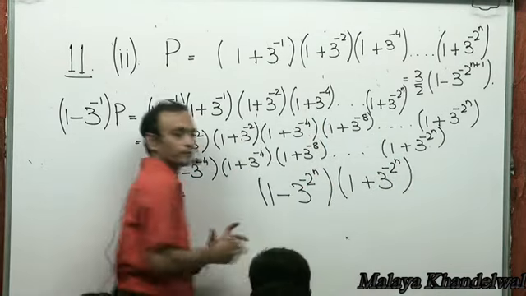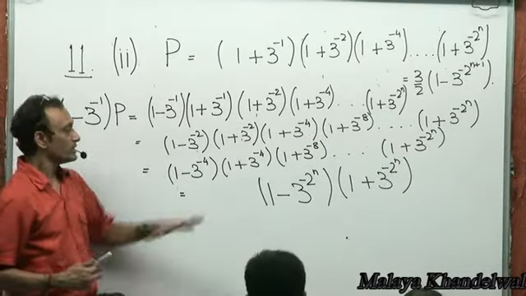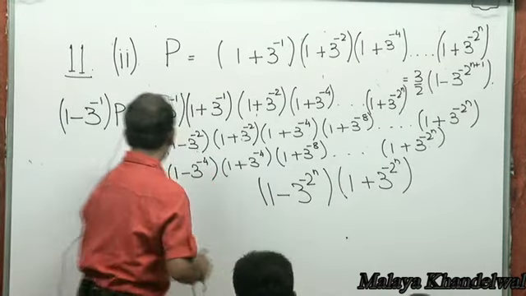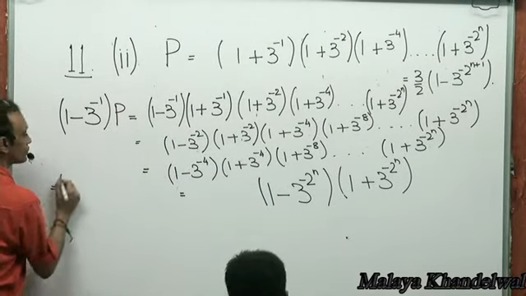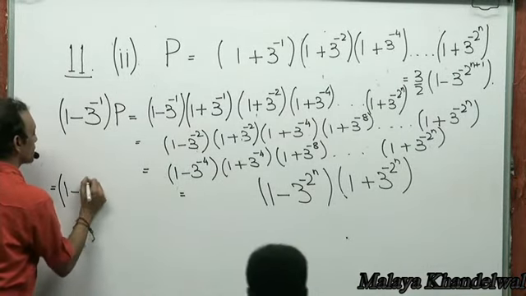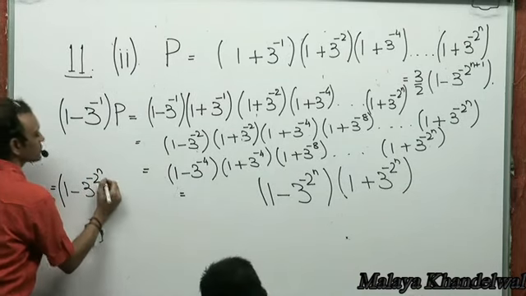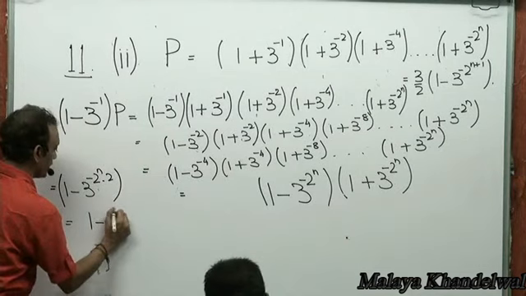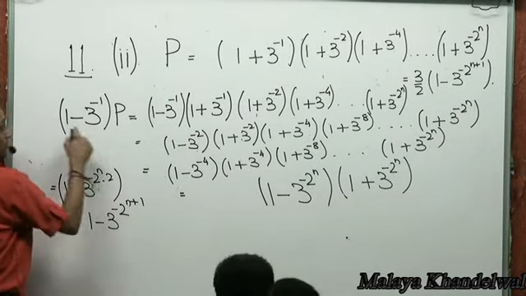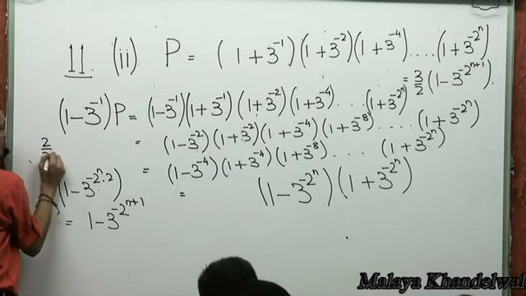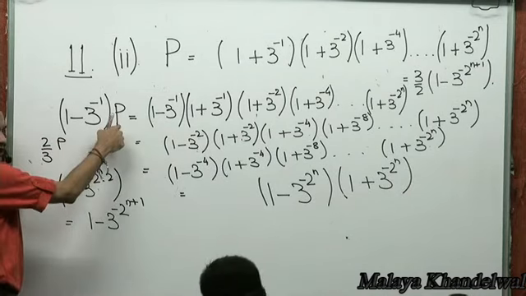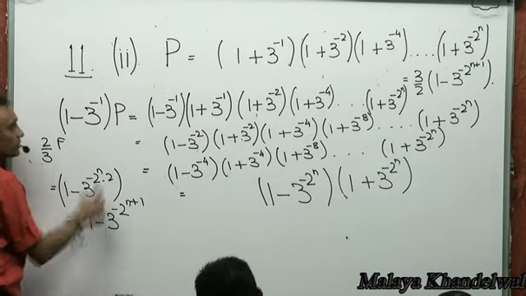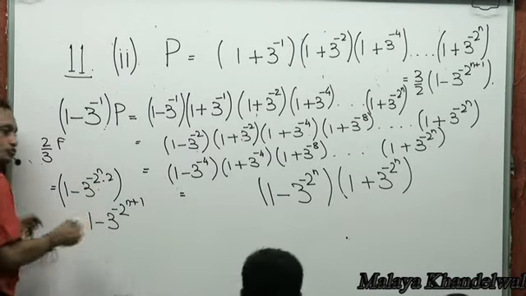How about it? So this is like a minus b into a plus b, which is a squared minus b squared, which then gets reduced to (1 − 3^(−2^(n+1))). But what is this? This is 2/3 P. All of this is 2/3 P. So P is going to be 3 by 2 of this. Clear?